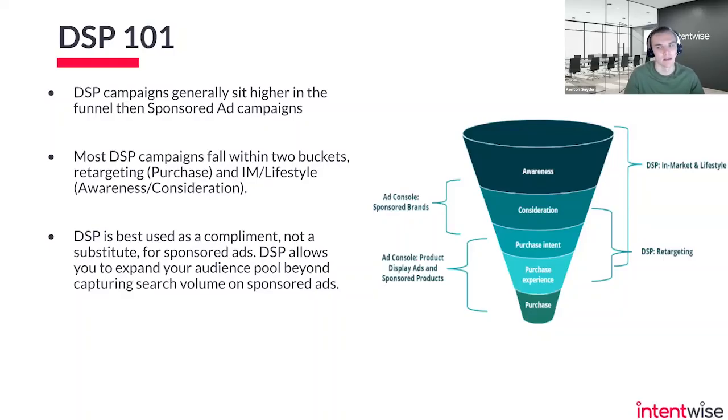Those are going to fall a lot higher in the funnel, focusing on those consideration phase shoppers. And that's where we're going to see, and we'll get into this more later as well, that ACoS or ROAS might not be the right metric to look at, because the goal there isn't necessarily to drive the direct sales, and more to refill the funnel of shoppers who are actively looking to purchase from your brand.